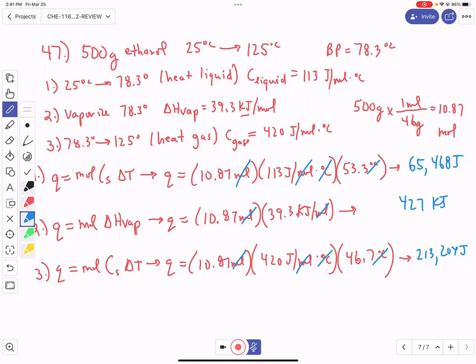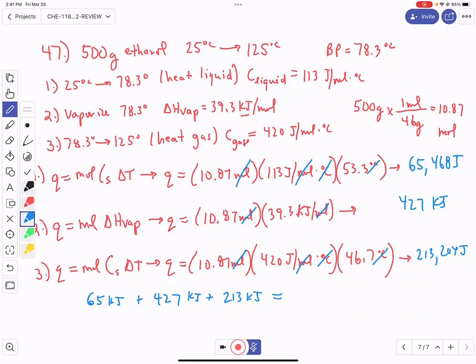So the last step, here's the energy from step one, energy from step two, energy from step three. The last step, I want to add all of these together after I convert the first and the second one into kilojoules. So essentially, I've got 65 kilojoules from step one plus 427 from step two plus 213 kilojoules from step three.